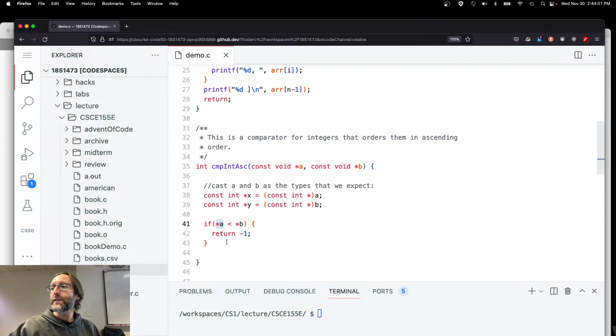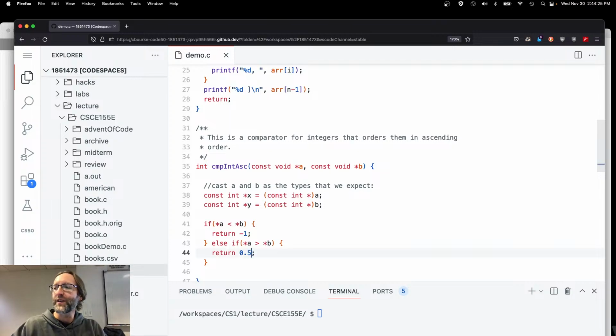And now I can do something like this. Else, if A is greater than B, what should I return here? 1. It could be anything positive, 42, right? 101, right? Anything. Well, 0.5 is positive. Can I return 0.5? No, what's going to happen?